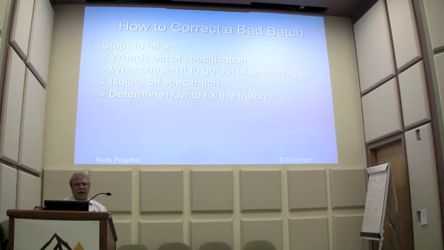How to correct a bad batch? Before I get into this, I want to answer your question about how water and how FFA can be created in the reactor. Basically, when water mixes with the triglyceride, it can attack the triglyceride, break off a free fatty acid, and basically make a mono or diglyceride.